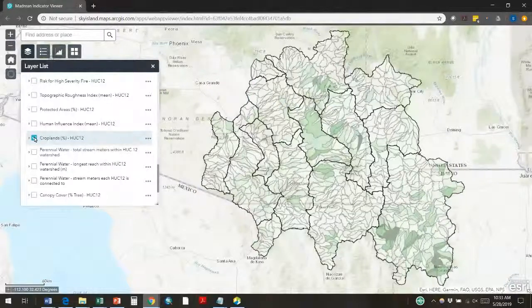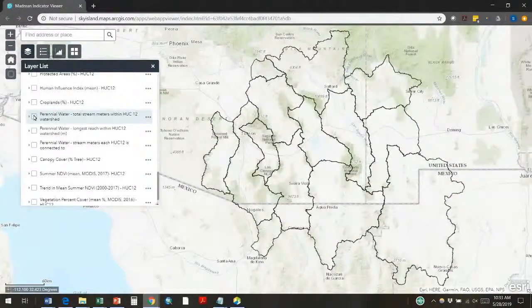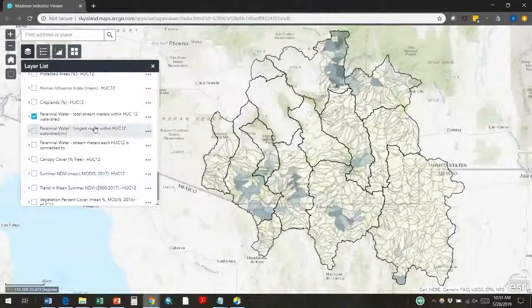And then we calculated a few different metrics for perennial water. This was again some Nature Conservancy data combined with some data from the WRC, and then we edited it so it would be good for calculating these metrics. We calculated this in three different ways.